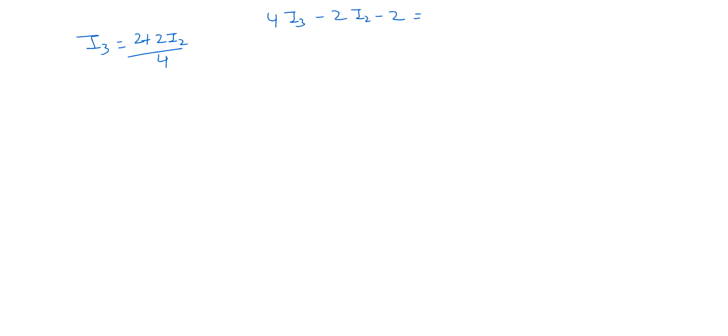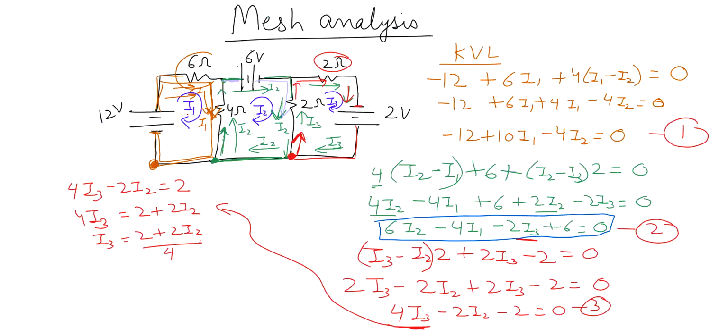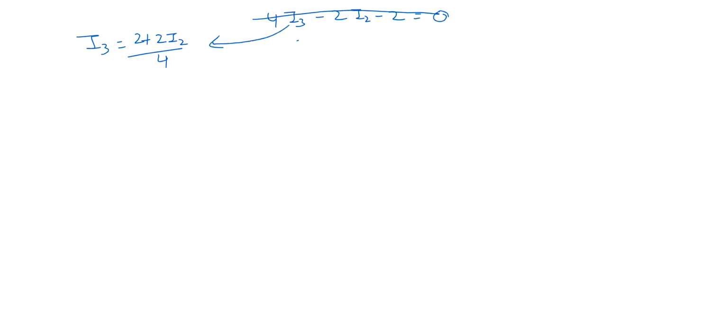This is the equation from where I derived this, and I will be substituting this I3 value in equation 2 from our previous page. So I will rewrite this equation here.